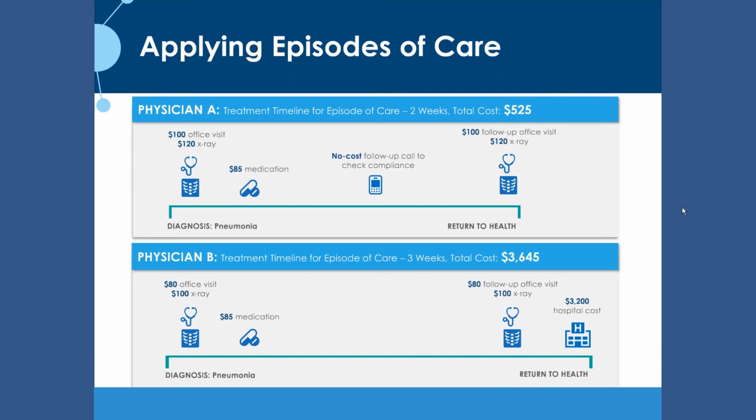Physician B did not have such a program, and therefore on the follow-up visit, it deemed that they needed to be admitted into the inpatient facility. Therefore, the total cost of care for the same disease is much greater for physician B as opposed to physician A. So it's a great example of why we can't look at just the claims in order to make our decision on where to seek care.